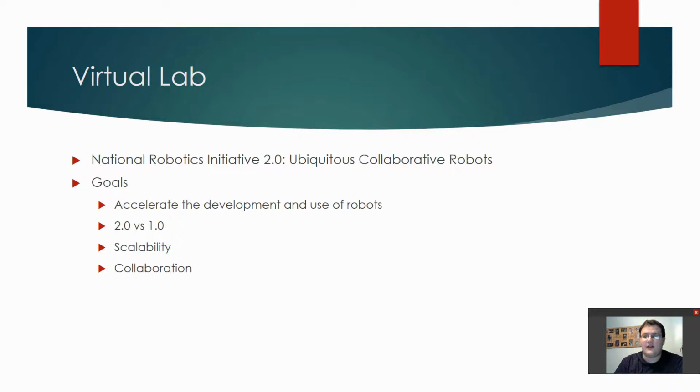Kind of the scalability, it can change in certain situations. Because with less interaction with changing the robot for every situation, that would allow them to easily scale them for more operations. Another goal for this NRI proposal is to have a great amount of collaboration between academic, industry, nonprofit, and other organizations.